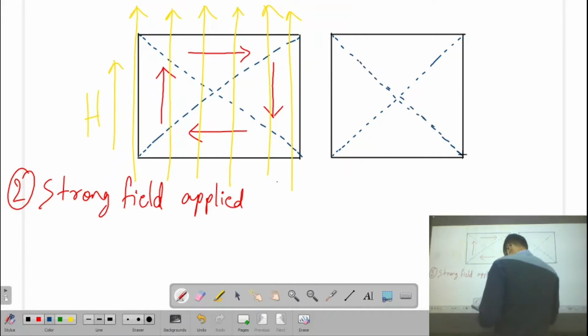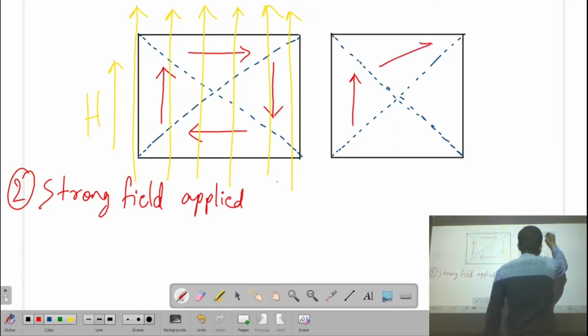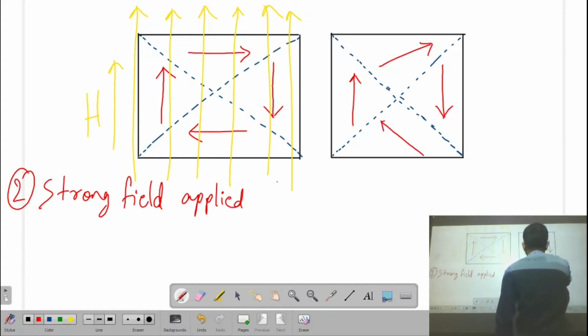This will be the direction, this will be the direction, this will be the direction, and this will be the direction.